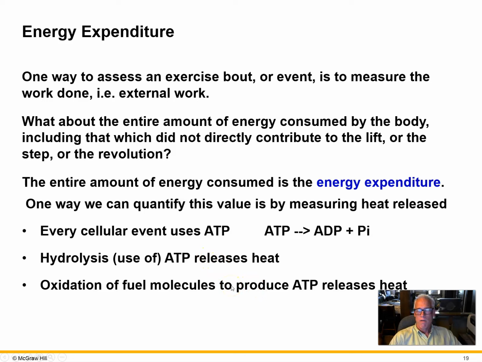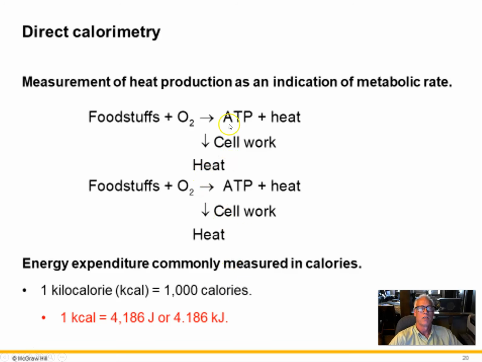So if we know the amount of heat release, that kind of gives us a handle on the total amount of energy that the body consumed during a particular physiological event, some sort of activity. So that means that if we could measure that heat release, we could work back and figure out the total amount of energy consumed by the body, because we know that 2/3 is released as heat.